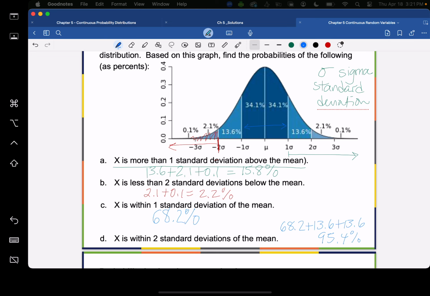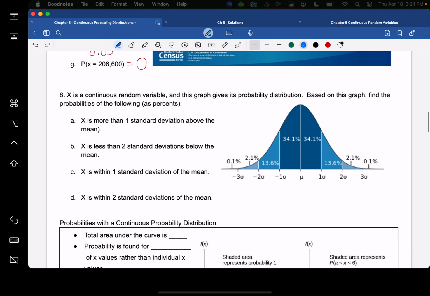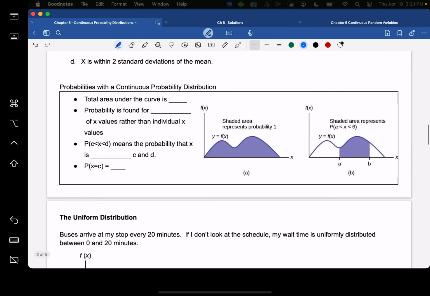And if we hop back over to our worksheet, we're almost done with page 2 here. The total area under the curve is, this is all the possible likelihoods. So it's 1, which is 100%.